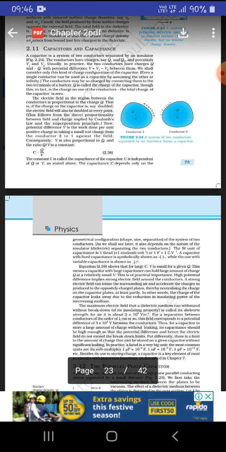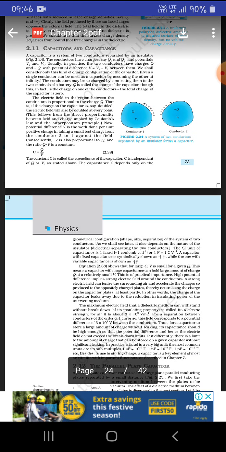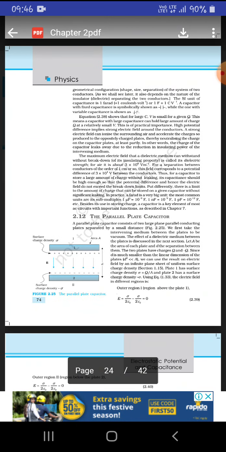So C is the capacitance formula. 1 F is equal to 1 C per V. V is smaller for a given Q, which means a capacitor with larger capacitance can hold a larger amount of charge.